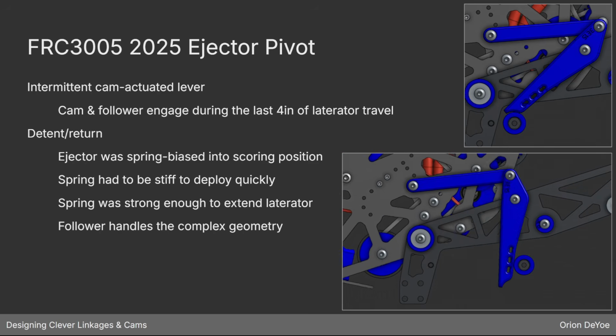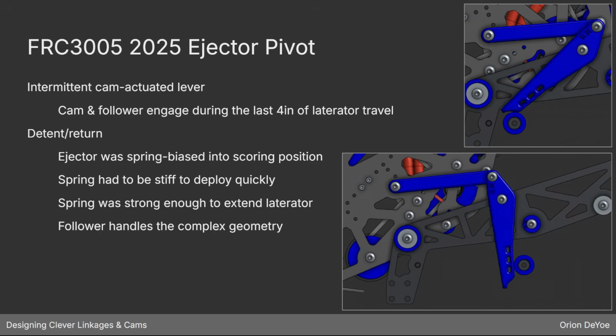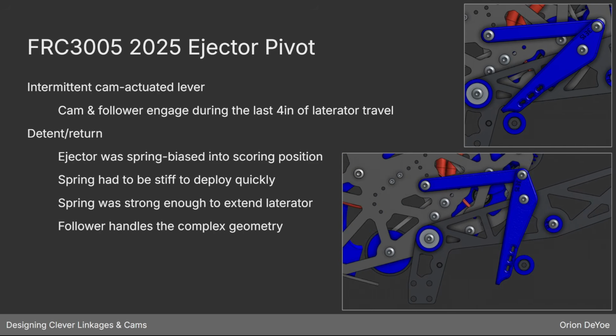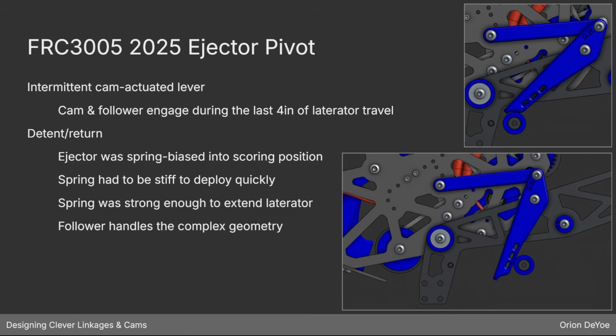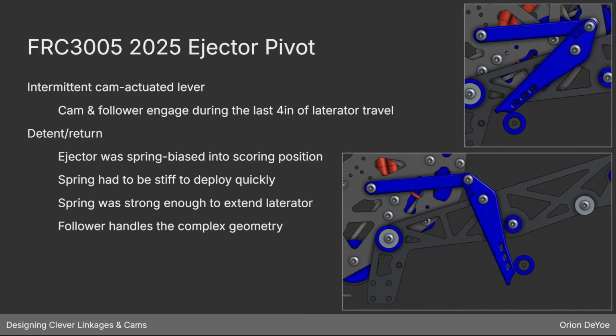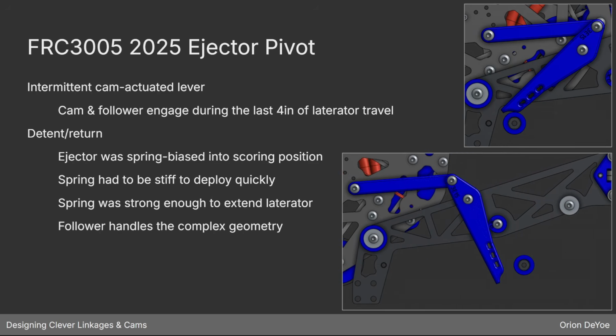And when that happens, it's similar to over-centering a linkage, where the forces in the system reverse, and the spring in the system actually starts helping the laterator retract rather than pushing the laterator into the extended position. And so it's able to hold its position in the retracted state passively.